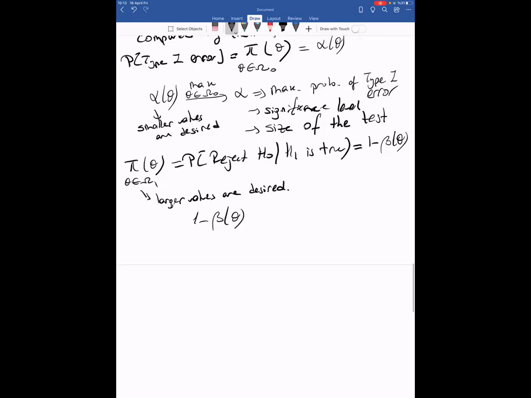So when we get this value, we get the 1 minus beta term. This gives us the worst possible type 2 error probability. This also means that we want the beta type 2 error probability to be as small as possible.